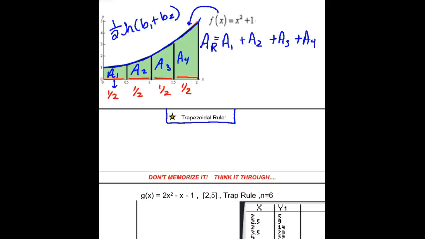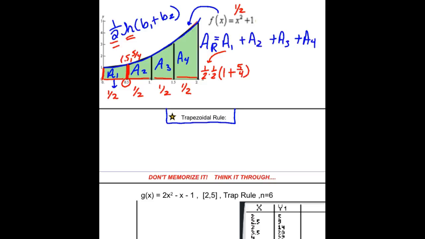So when I start using my formula, for the area of trapezoid 1, I'd have 1/2 of 1/2 times the sum of the 2 bases. So I need this base, which is 1, plus this base. And this base is the height on the curve at x equals 1/2. So if I put 1/2 in here and square it and add 1 to it, I'll have 1 1/4 or 5/4. So this is the point 0.5 comma 5/4, which means this base has a height of 5/4.